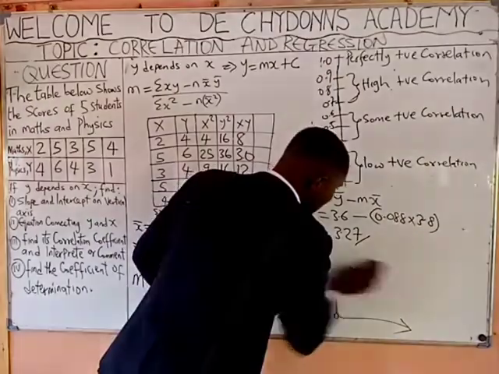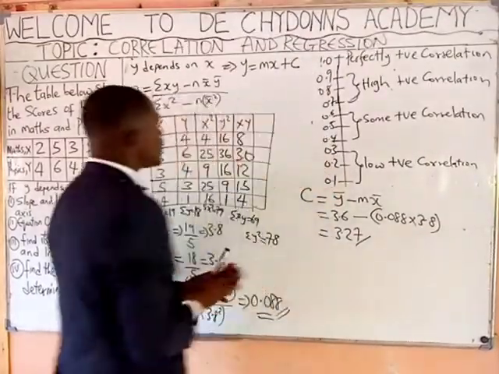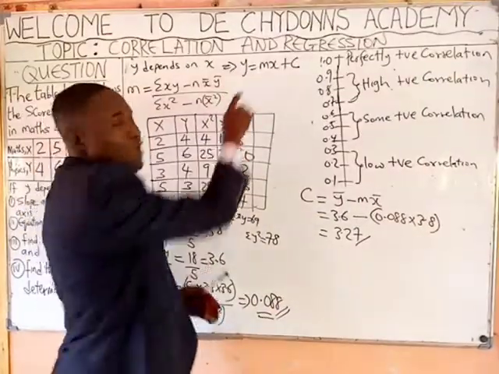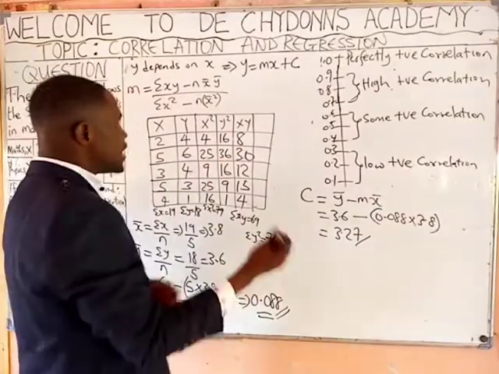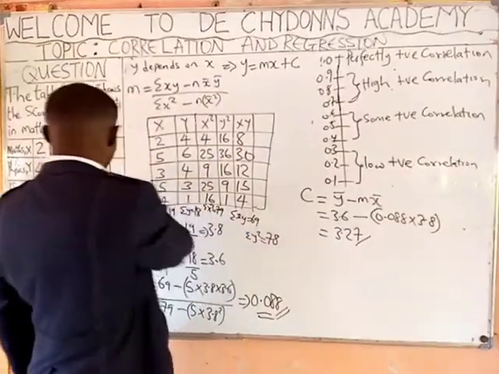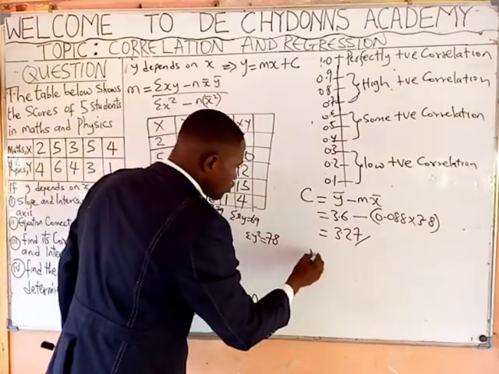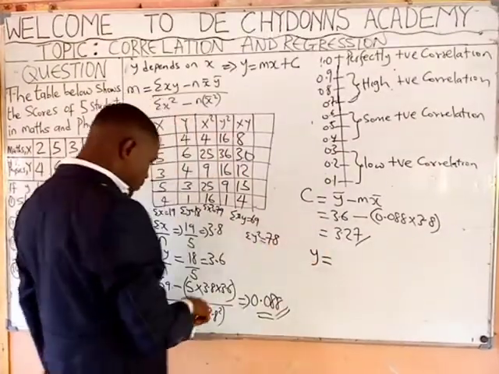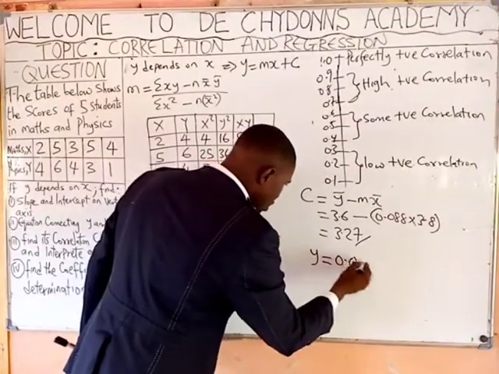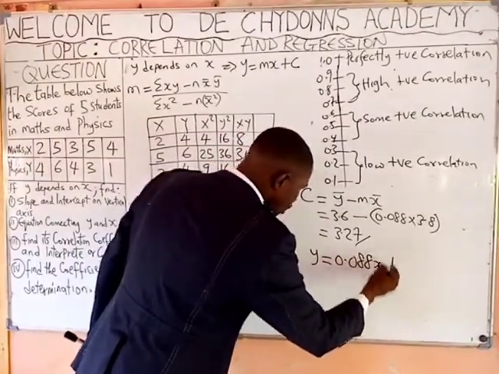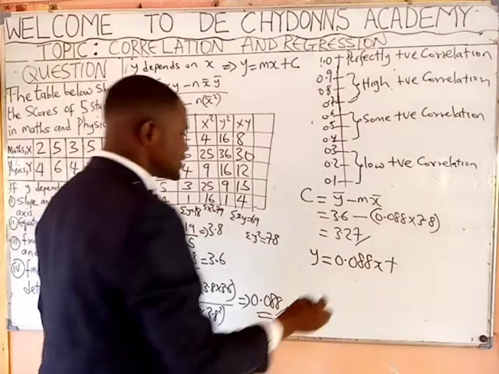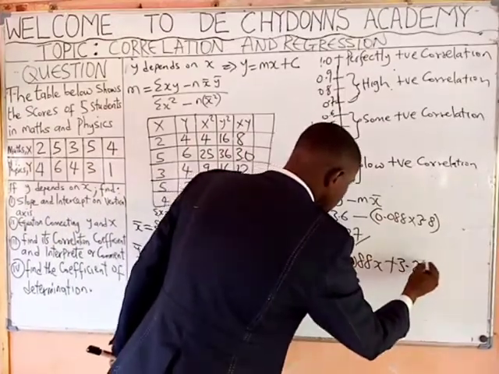The implication now is that since the equation of the graph is y = mx + c, we will now say that the equation of this line of best fit will be y equals what is our slope? 0.088x plus what is our intercept? 3.27.